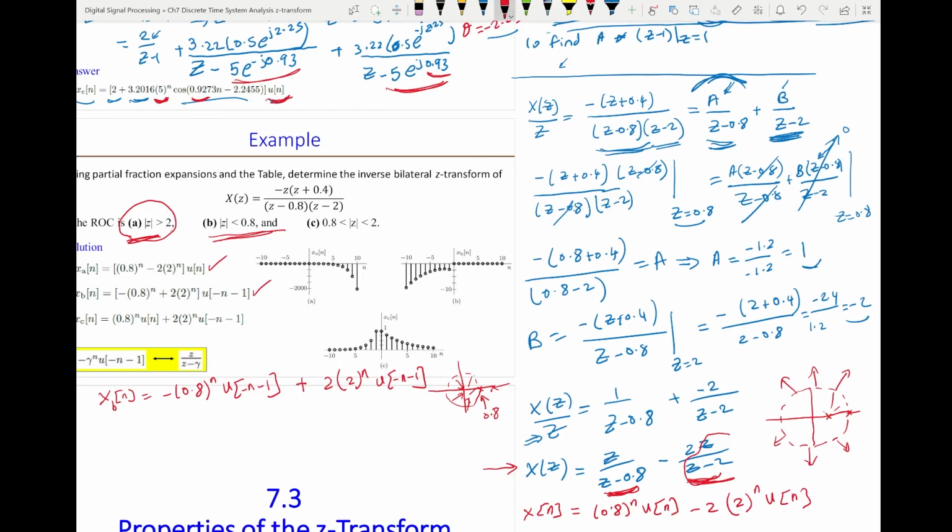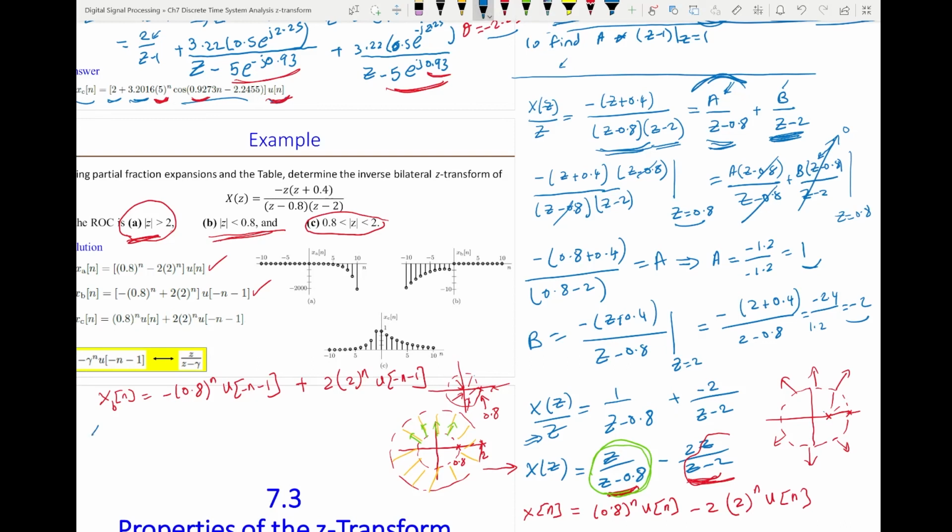Now for part C, the region of convergence, the magnitude of z is larger than 0.8 and less than 2. So if we plot the region of convergence, this is 0.8, this is 2, and the region of convergence is in this region. So now for this term, the region of convergence is outward. So this will be a causal signal, exists for n positive.